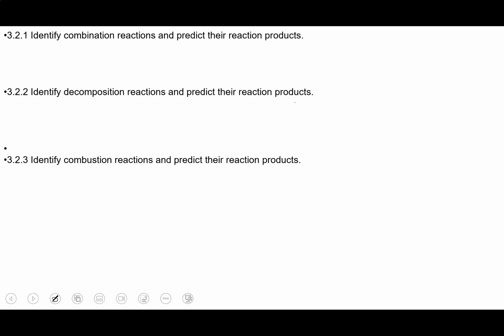The next section of chapter 3 discusses different types of reactions. Combination reactions are like synthesis. Decomposition is breaking apart.